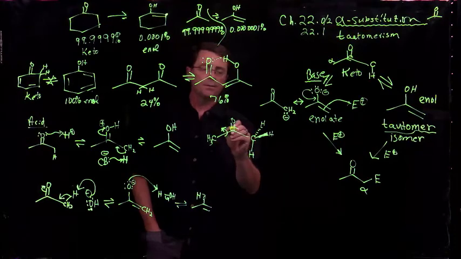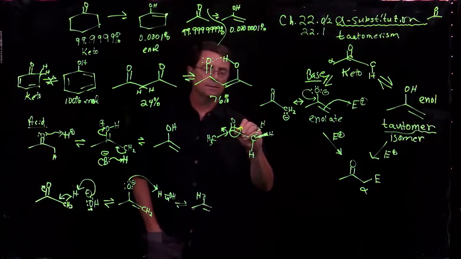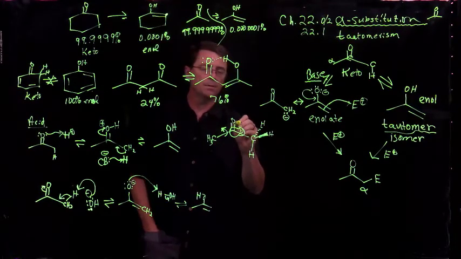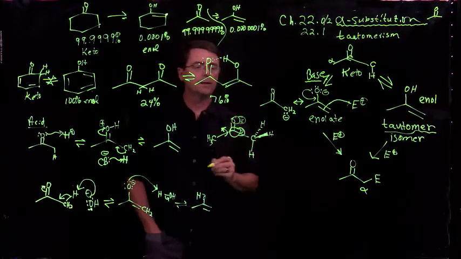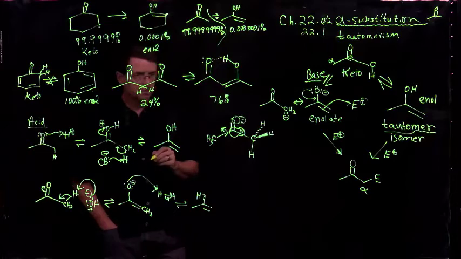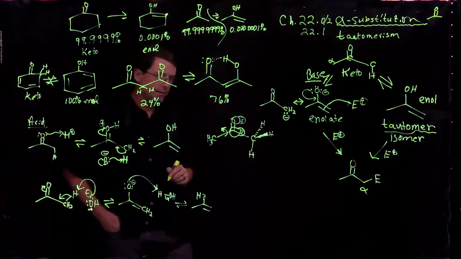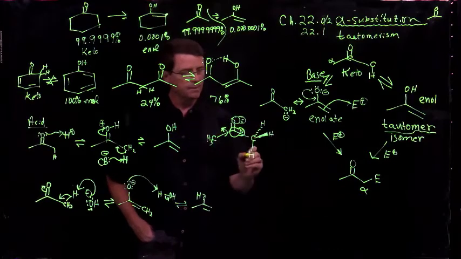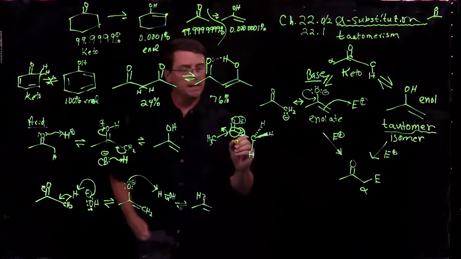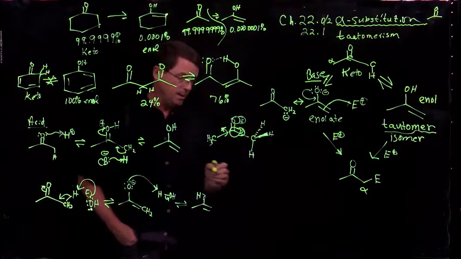Remember the p orbitals here, and this is looking top down on a p orbital. P orbitals in that pi bond would look something like this if we were looking down on them from the top. And so you see this hydrogen overlaps with that one, whereas this hydrogen here would be in the nodal plane of the pi bond.